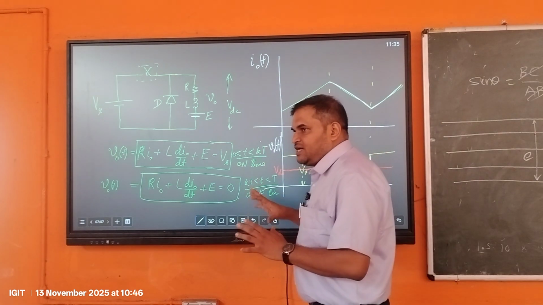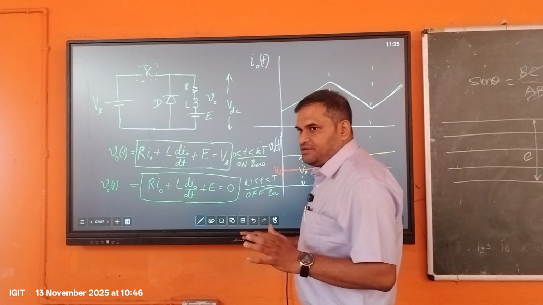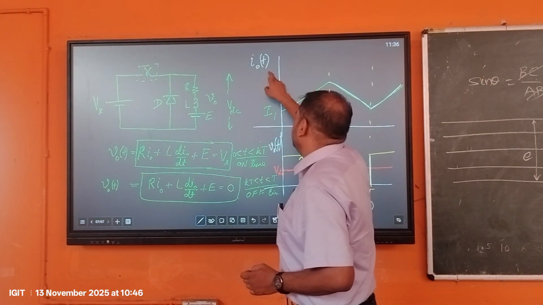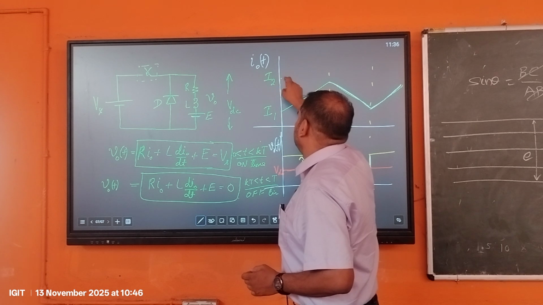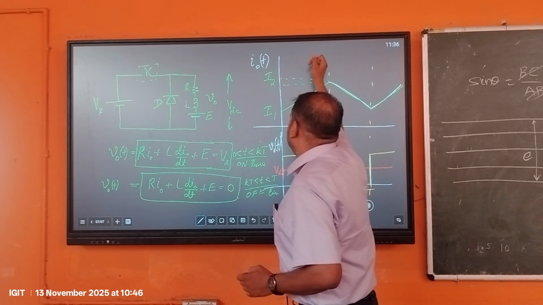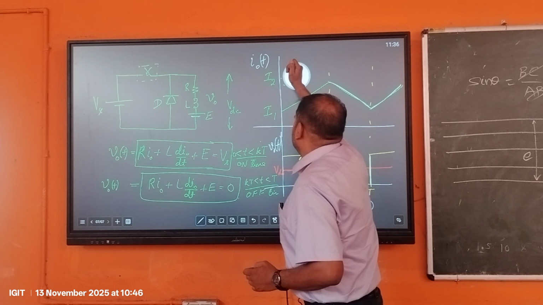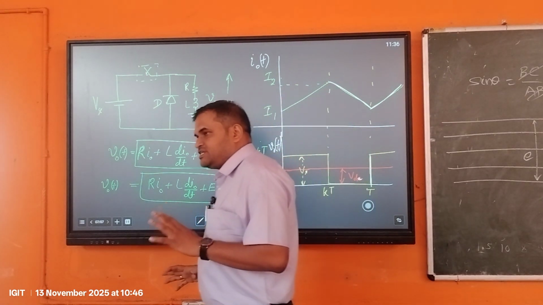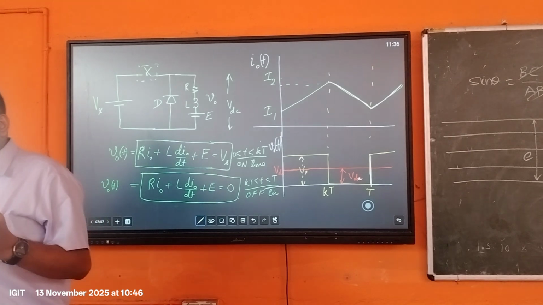So it will have a minimum current I1 and a maximum current, let us say, I2.